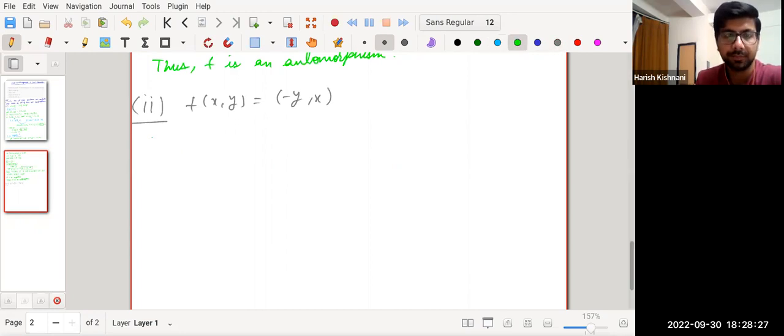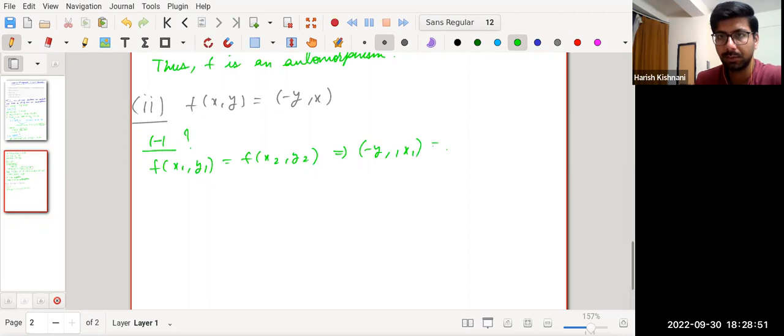So one-one we need to check first. So how can we do that? f of (x1, y1) equal to f of (x2, y2) implies (-y1, x1) is equal to (-y2, x2), which implies y1 equals y2 and x1 equals x2.